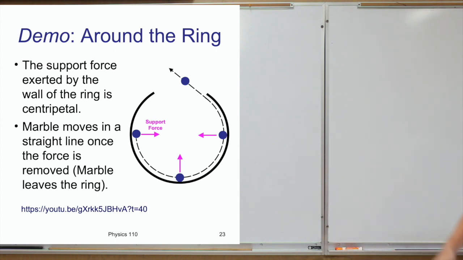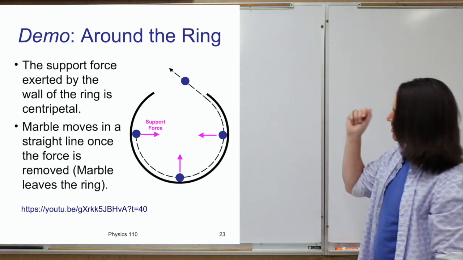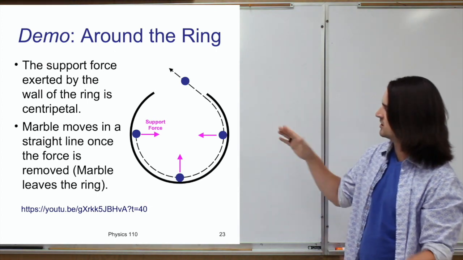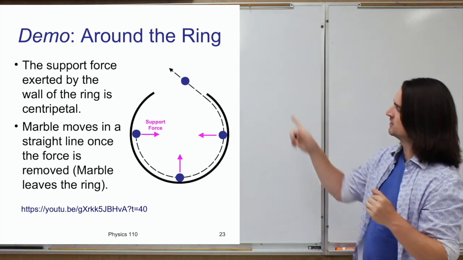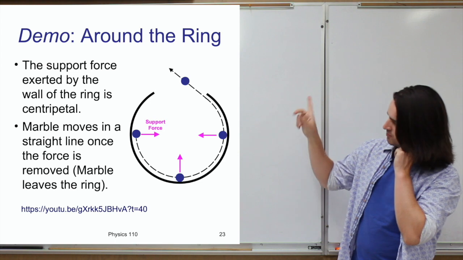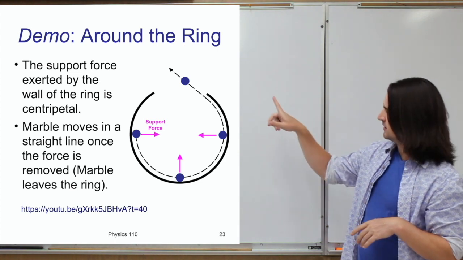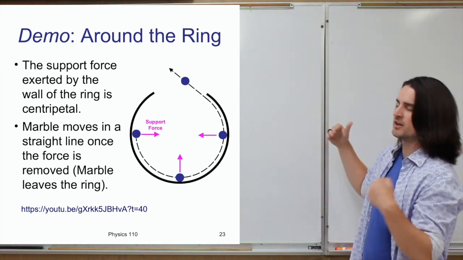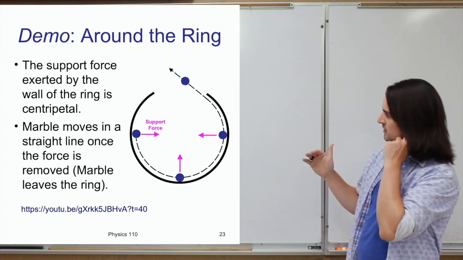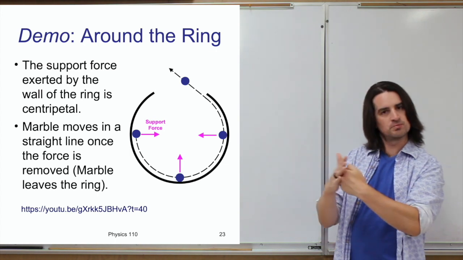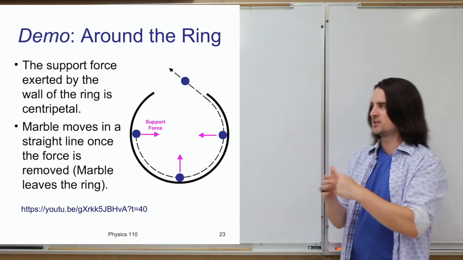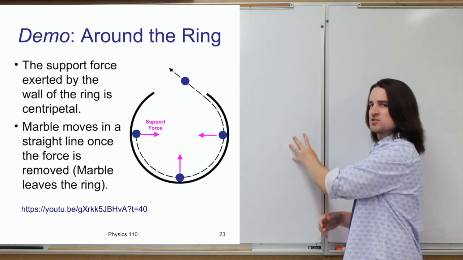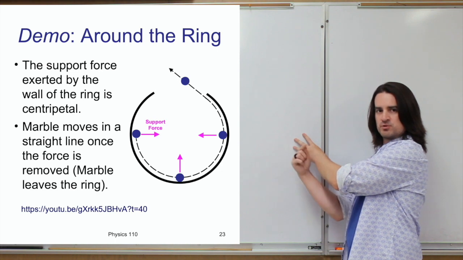One way of seeing this is if you put just like a marble or some kind of ball inside of a hoop that's not quite a complete hoop but has a section cut out of it, you roll the ball or the marble in that hoop, right? The marble is going to roll around in a circle, and the centripetal force is actually the support force between the hoop and the marble, right? So just remember, if you press against a surface, there's a support force that pushes back.